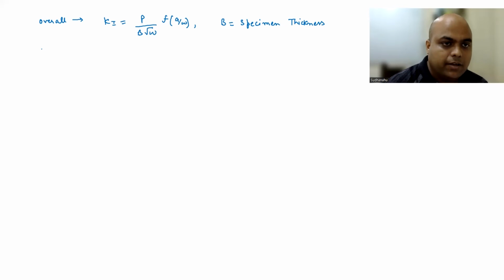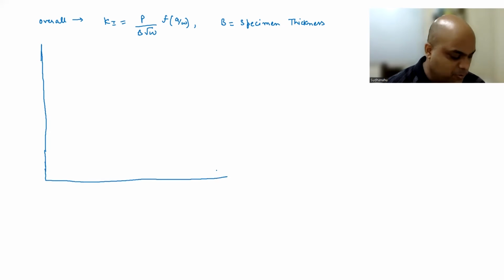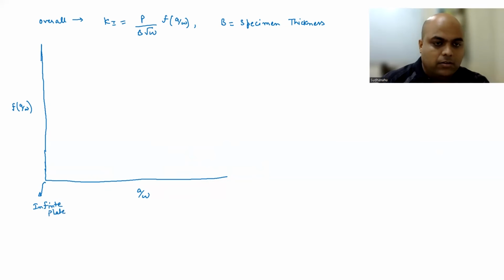Okay, and if I just roughly plot, not up to the scale, but it will give you some idea how f(a/W) varies. So f(a/W) with respect to a/W. Okay. So for the infinite plate, remember the infinite plate is this value here because a/W tends to 0 there. Okay.